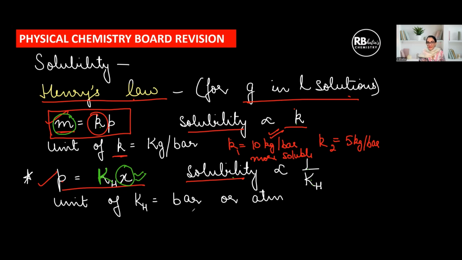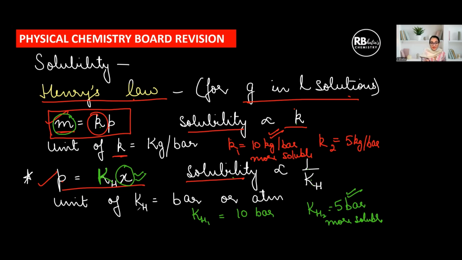Supposing I give you that KH1 for a gas is 10 bar and KH2 for another gas is 5 bar. This time, which gas is more soluble? This one is more soluble. Why? Because Henry's law constant is inversely proportional to solubility.